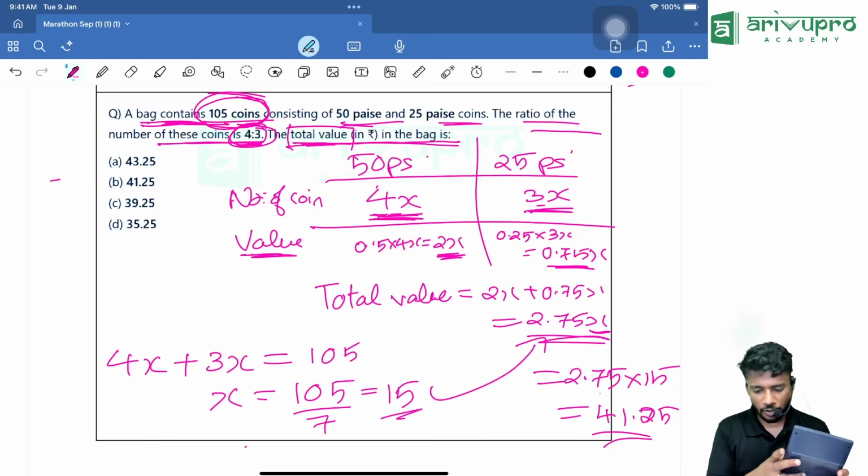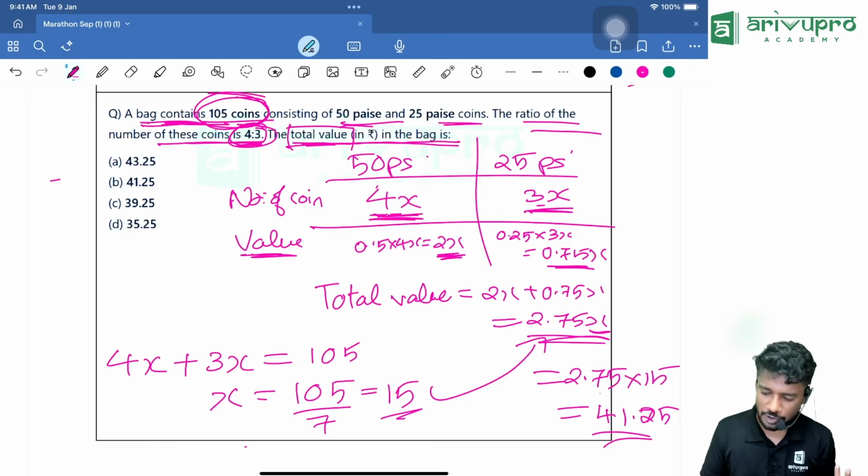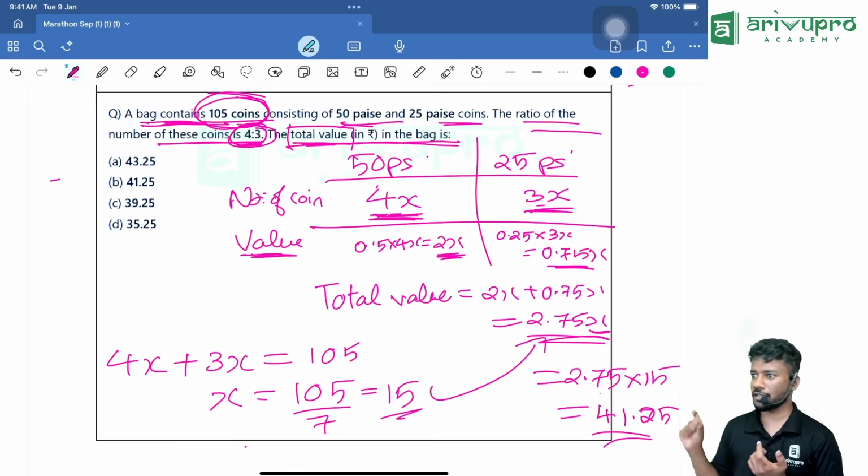Is it divisible? No. Then 43.25 divided by 2.75. Is it divisible? No. Then 41.25 divided by 2.75. Is it divisible? Yes. So that is also possible. Why? Because the x value should be a proper integer here, and that is the case.